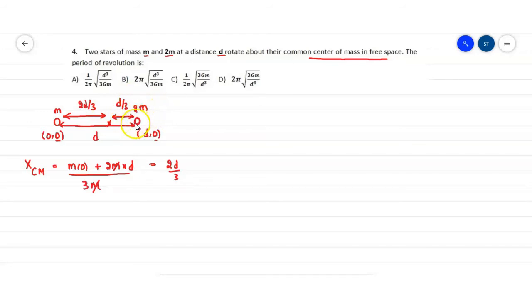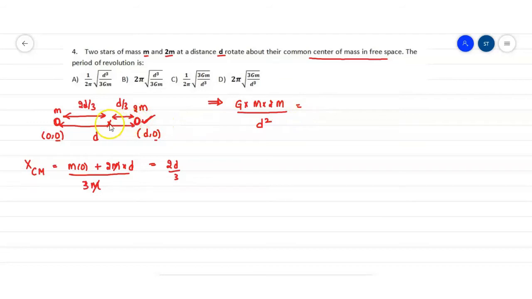Now let us consider any one of the stars. I am going to consider this star of mass 2m. The gravitational attraction between these two stars will be the force responsible for the circular motion of these stars. So here I can write the gravitational force, which will be G into m1 m2, that is m into 2m, upon r square, which will be d square, will provide us the required centripetal force for the rotation.